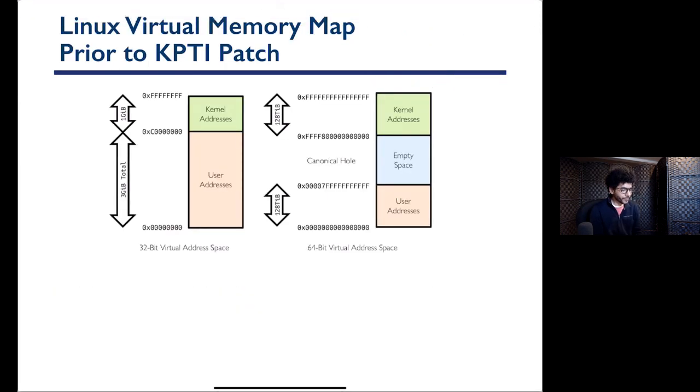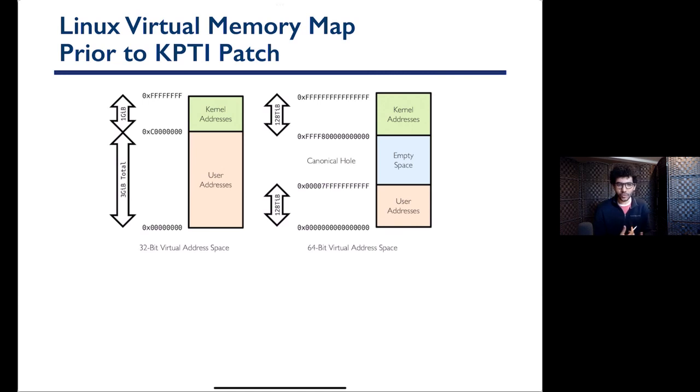Okay, so the last topic I want to discuss is how this virtual memory connects to where things are in Linux. So in Linux, what they did was they added kernel addresses to the virtual space of every single process.